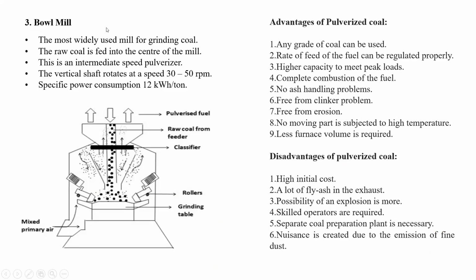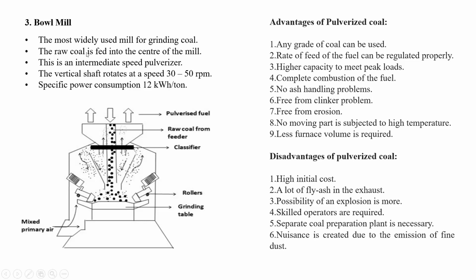I have also seen bowl mills in 210 megawatt units a number of times, and their operation and maintenance, also with the help of my colleagues. This is the most widely used mill because it works very well, and its main function is that it can change over and take load immediately.